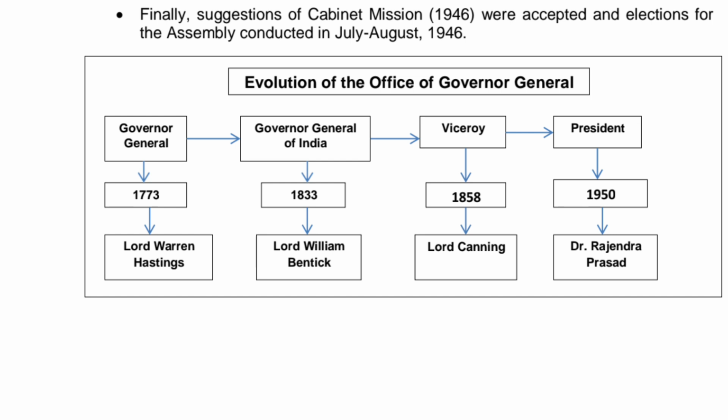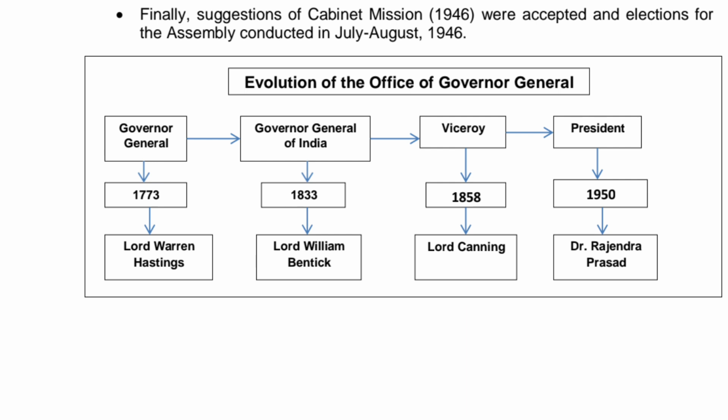So here is the evolution of the office of Governor General. So here Governor General, 1773 Lord Warren Hastings, and then Governor General of India 1833 Lord William Bentinck, then Viceroy 1858 Lord Canning, then President 1950 Dr. Rajendra Prasad.